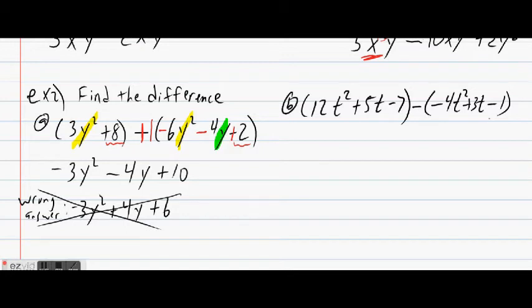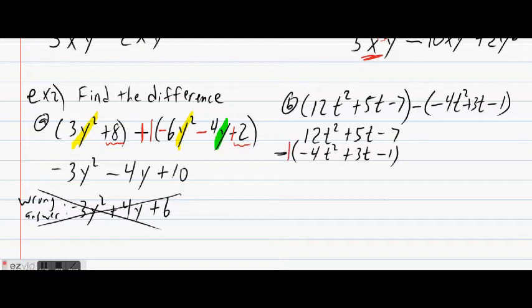Now in this case, I want to do the vertical method, because some of you might like that method better. So I just recopy the first polynomial, and then I say minus, put the parenthesis, negative 4t squared plus 3t minus 1.